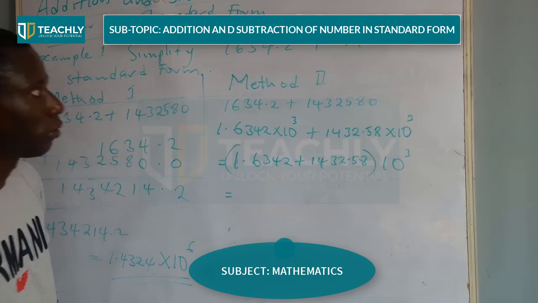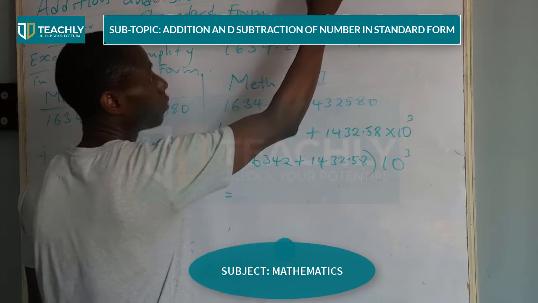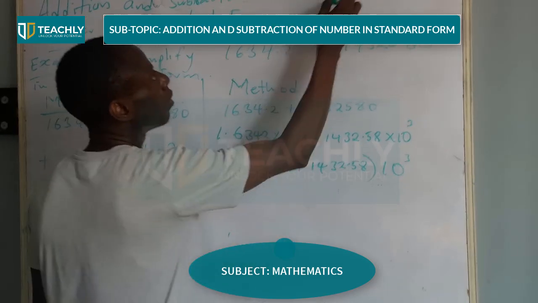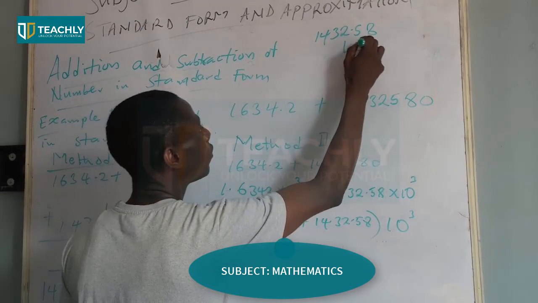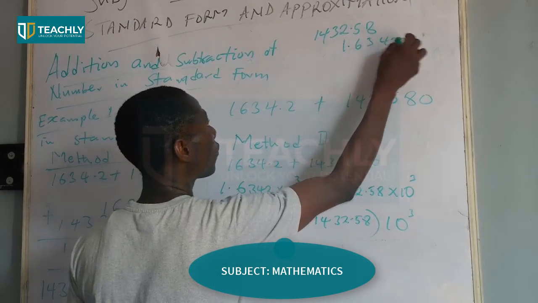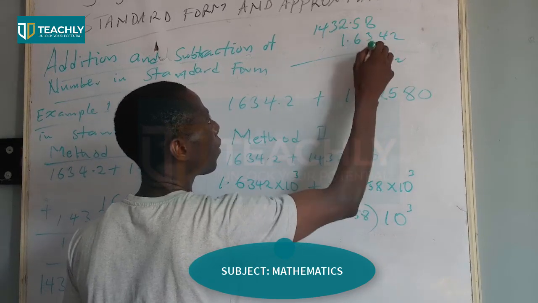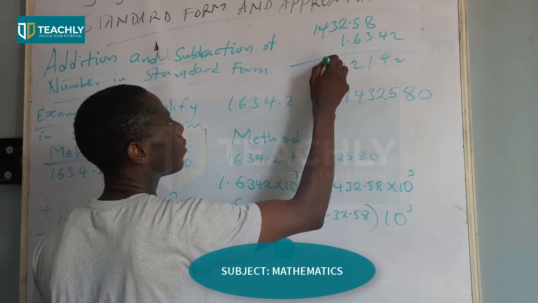Let's add this way. You have 1432.58 plus 1.6342. You add. Here we have 2, here we have 4, here we have 11, here we have 12, here we have 3, 1, 4.